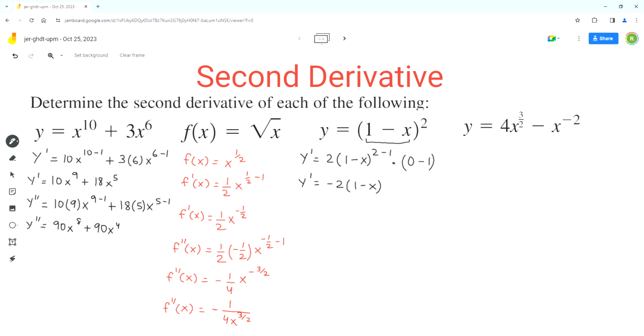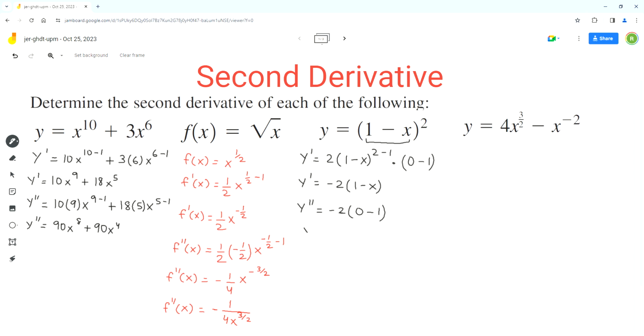Now we can find the derivative of this equation, and that will be the second derivative. So that will be y double prime equals, now here we just have to find the derivative of the expression in the parentheses. Negative 2 is a constant, so it will be 0 minus 1.